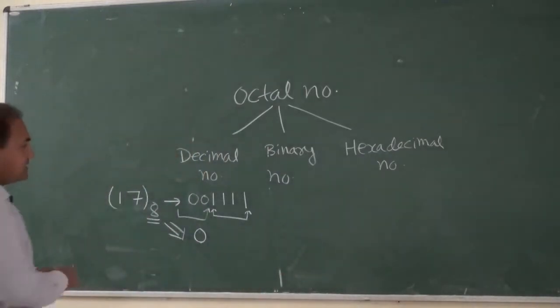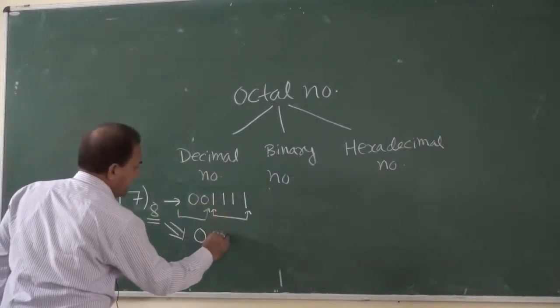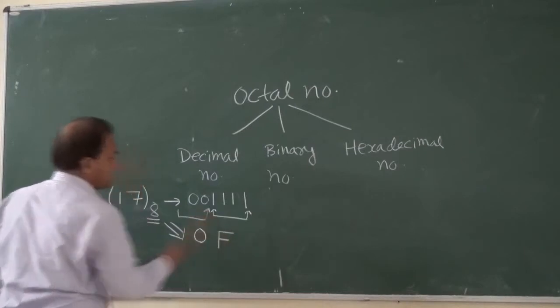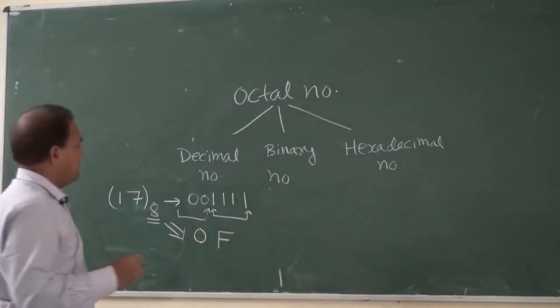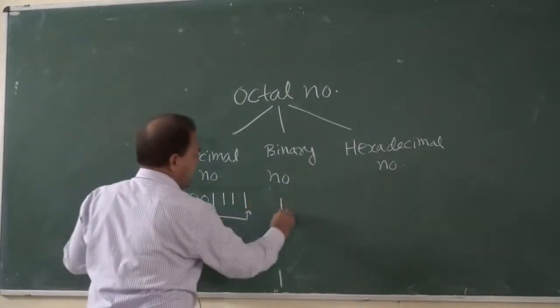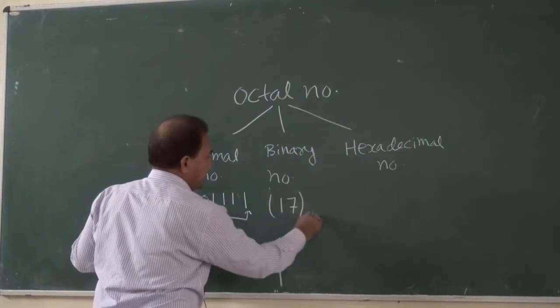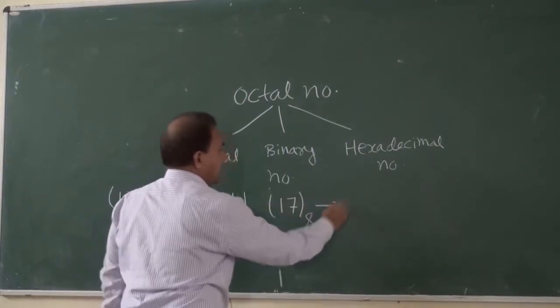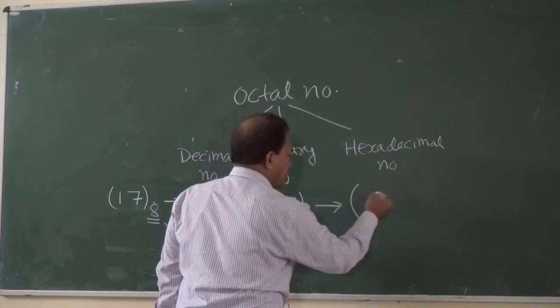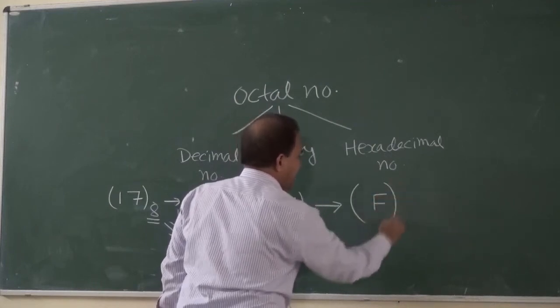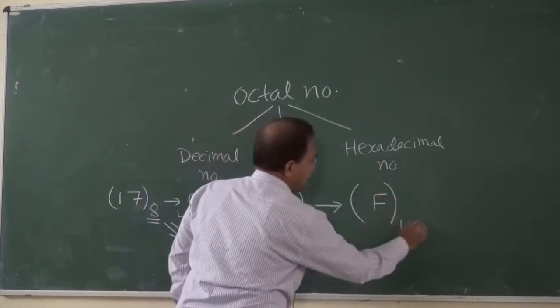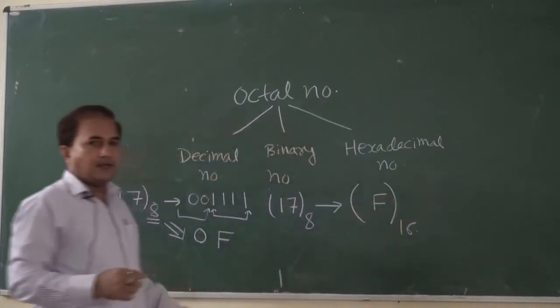How can you represent this? 1 1 1 1 means it is F in hexadecimal. So 17 to the base 8 is equal to 0 F, or directly F you can write. F, it is in hexadecimal.